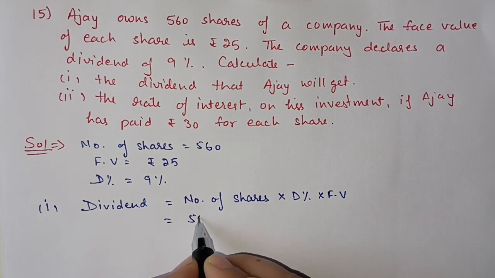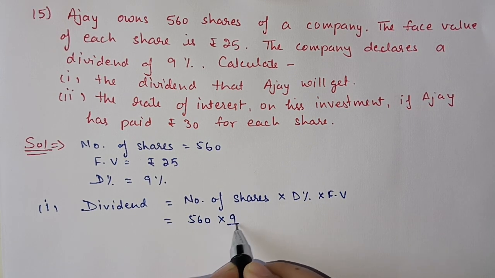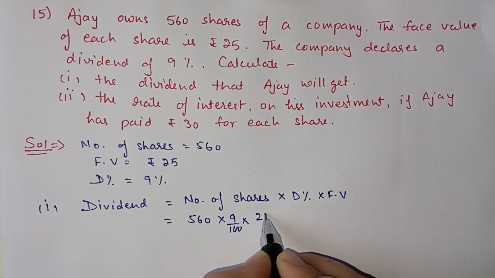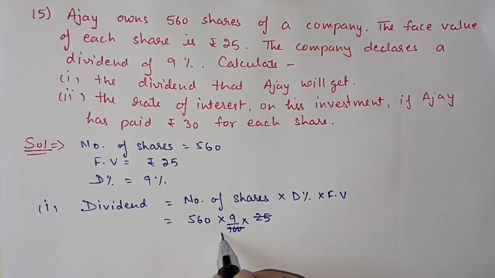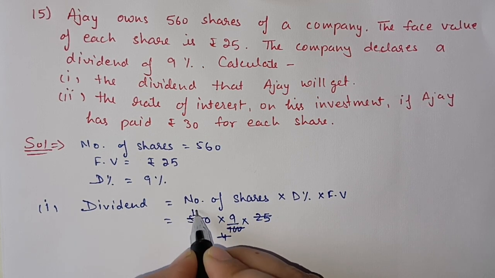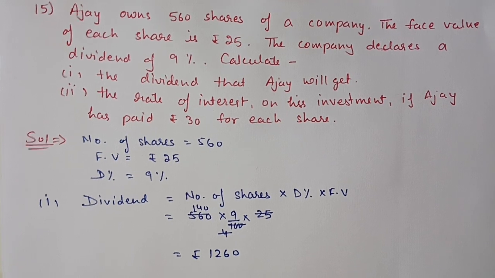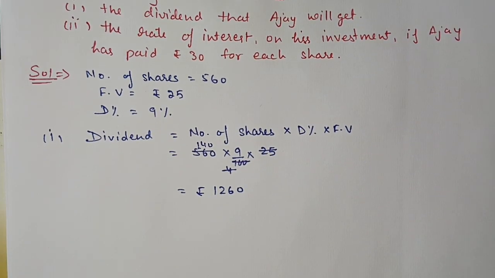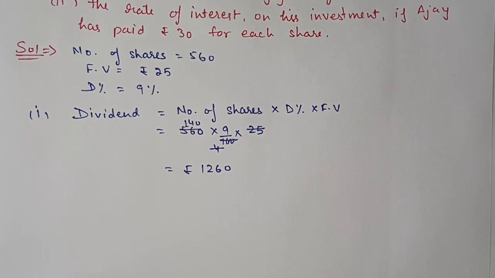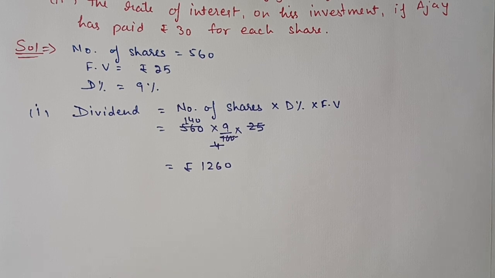Number of shares are 560, dividend percentage is 9%, face value is 25 rupees. Cancel out and we are getting here dividend of 1,260 rupees.